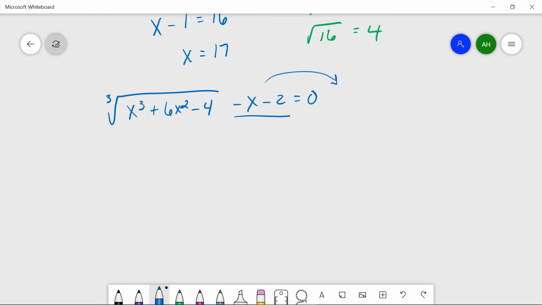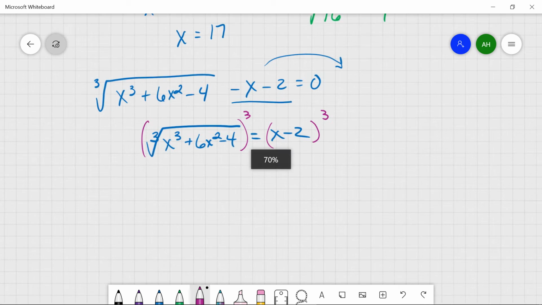Okay, I'm going to assume that you did that. What I would do is move those things, so here I have the cube root of x cubed plus 6x squared minus 4 equals x minus 2. And now I'm going to cube both of those.